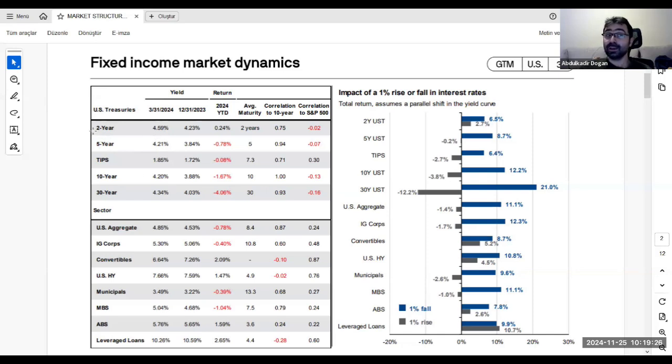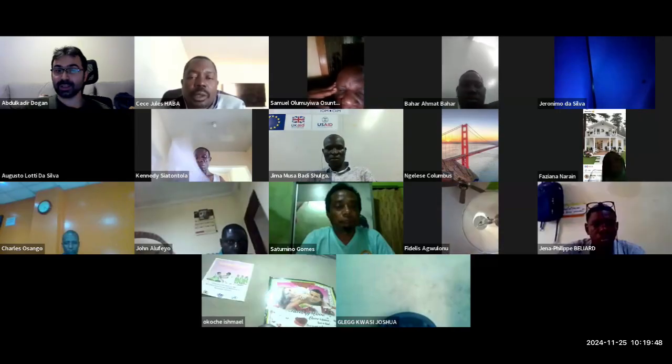Or the 2 year is approximately 4.60, but the 10 year is just 4.20. You are waiting longer, 8 more years, but you are getting lower yields. This is abnormal, right? Because normally the yield curve has a positive slope.